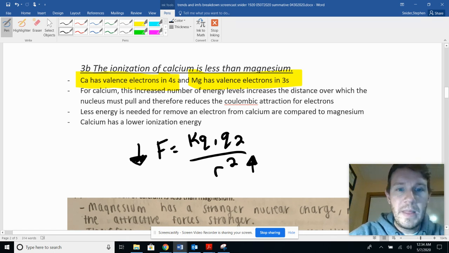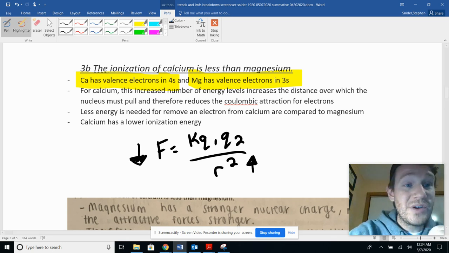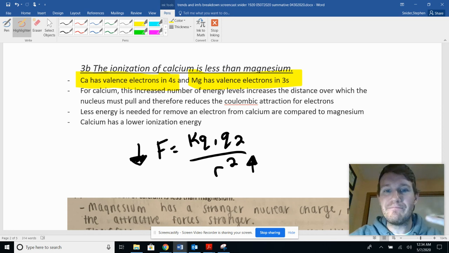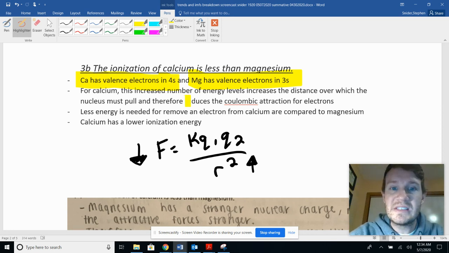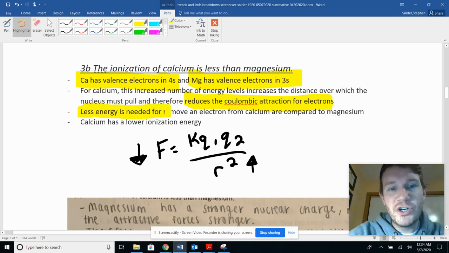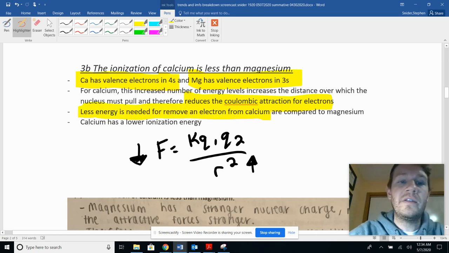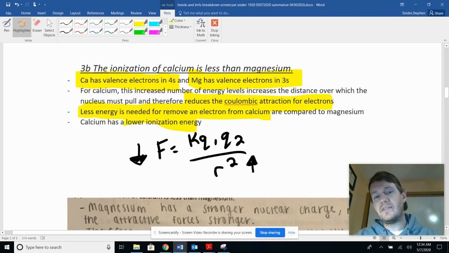So subsequently, we're going to say that those electrons are less tightly bound. It reduces this Coulombic attractive force. Given that they're less tightly bound, less energy is needed to remove those electrons. Therefore, calcium has lower ionization energy.